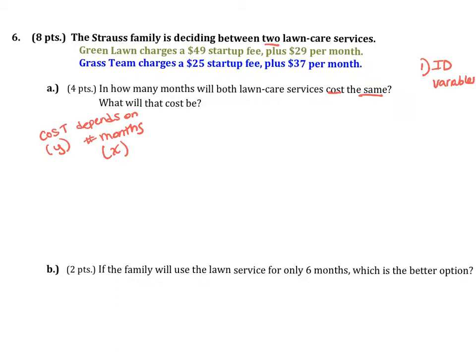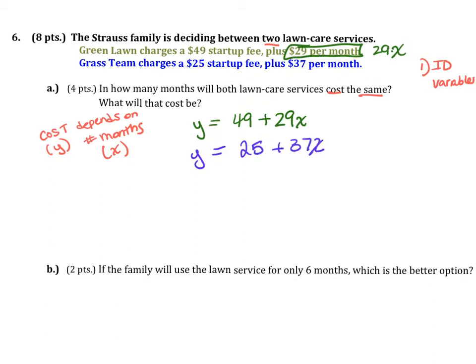If y depends on x, then the green lawn cost is going to equal $49 just to start up, plus 29 multiplied per month. Remember, 29 per month is 29 multiplied by the number of months, but instead of the letter m, we are using the letter x. The grass team, which is the blue one, is equal to the $25 startup plus 37 per month.